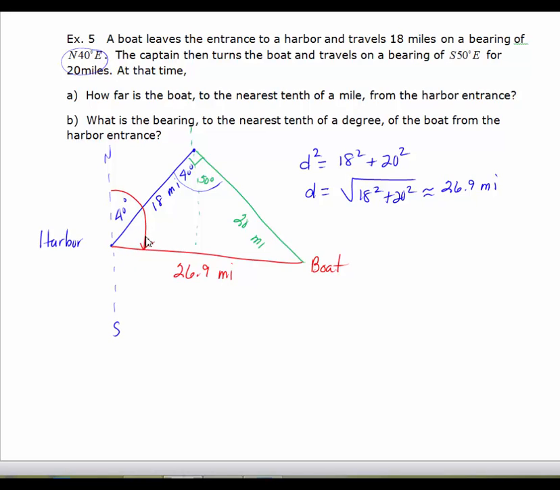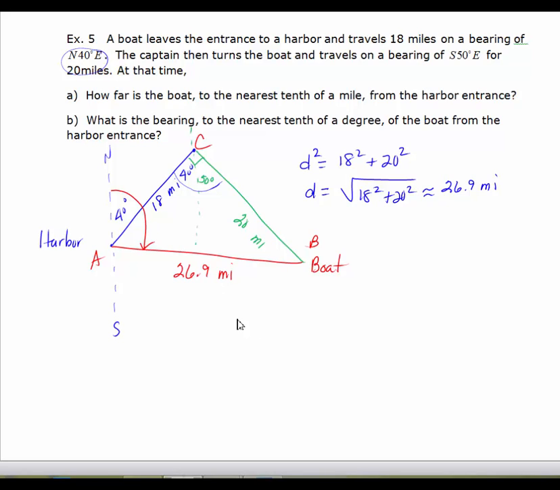Remember, if this angle is greater than 90, then we'd have to come from the south. If it's less than 90 or equal to 90, then we'd be coming from the north. So if it's helpful to label this triangle ABC, B for the boat, C for the right angle, I want to find angle A.